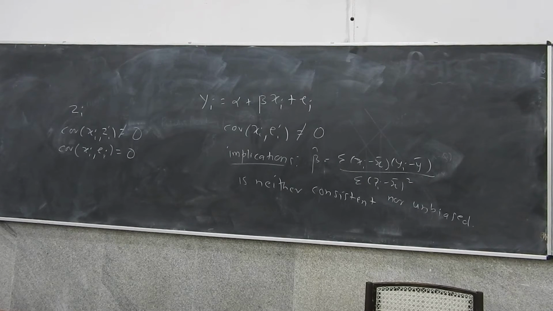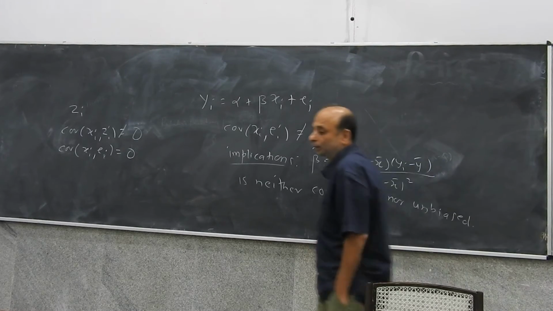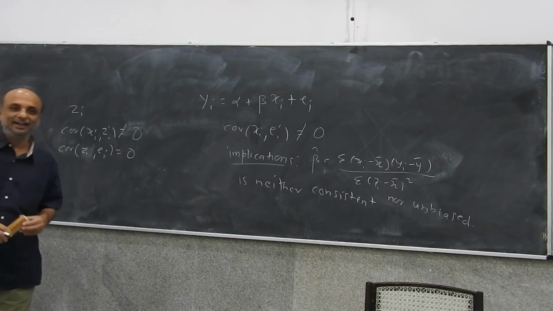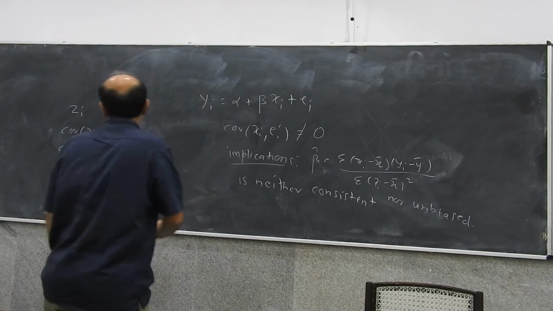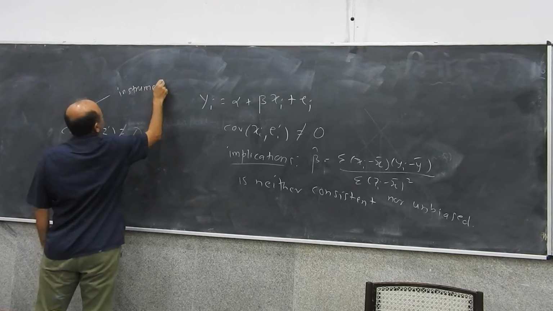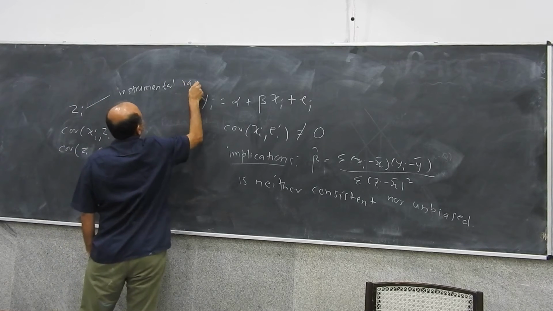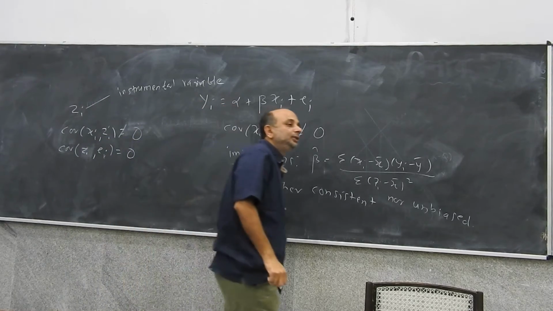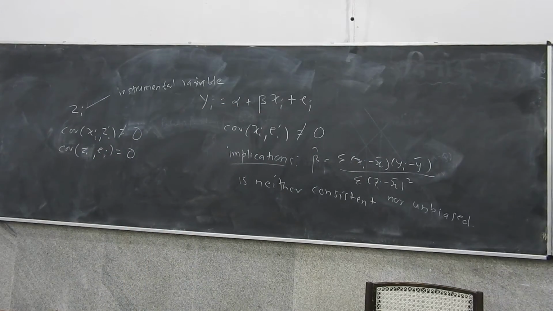Such a variable is called an instrumental variable. Okay, we can think of z as an instrumental variable.